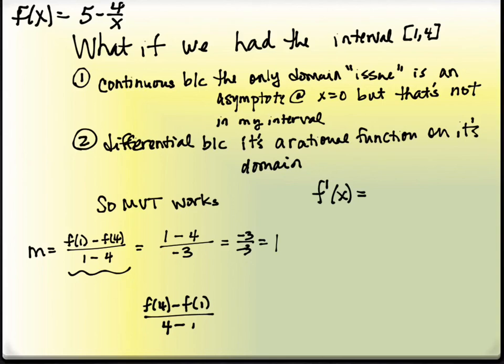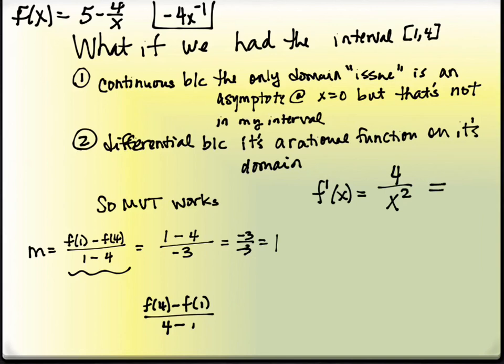Negative 4, it's 4 over x squared. One of the ways to change it is to rewrite that part of it as negative 4x to the negative 1, right? So if I take the derivative, what will I get? Positive 4 over x squared. Yep. After I do the derivative and then I simplify, I would get positive 4 over x squared.